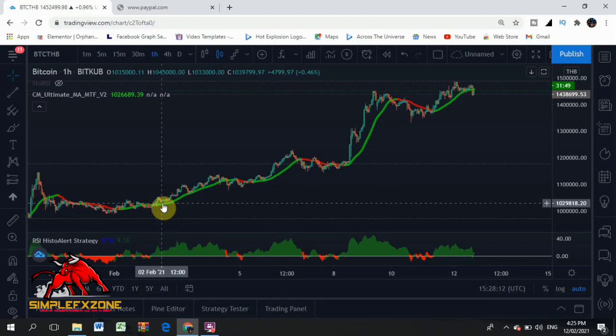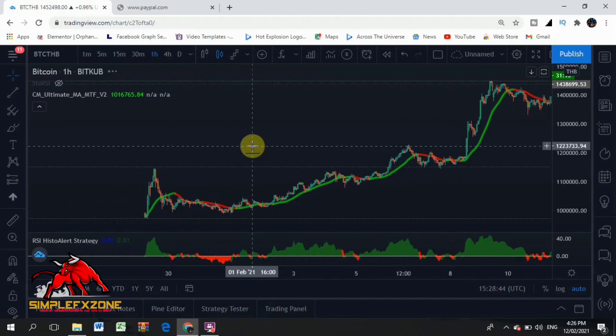Just make sure the line is above 50, and your market has crossed above the 21 moving average, that's when you take your buy trade. The same thing applies to the sell trade. When your RSI is below 50, and the market has crossed below the 21 moving average, that's where you enter your sell trade. So that's that.